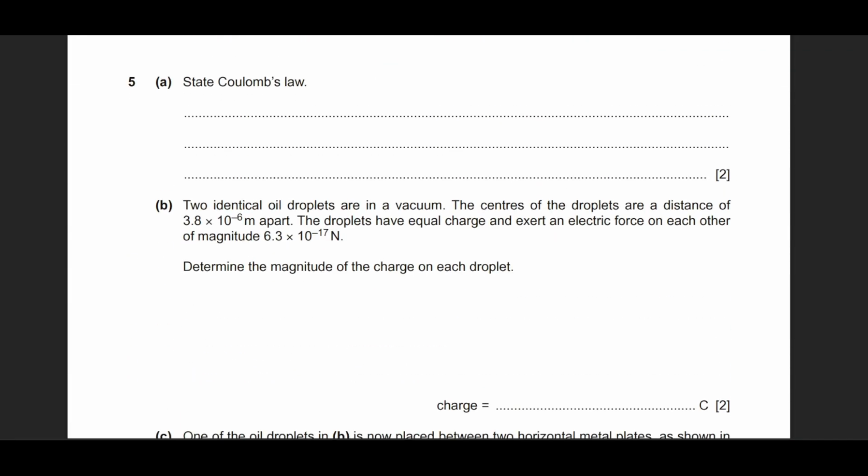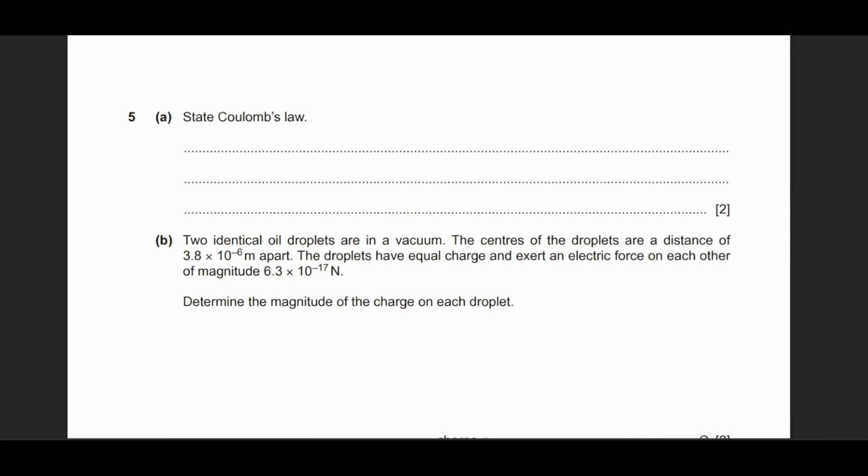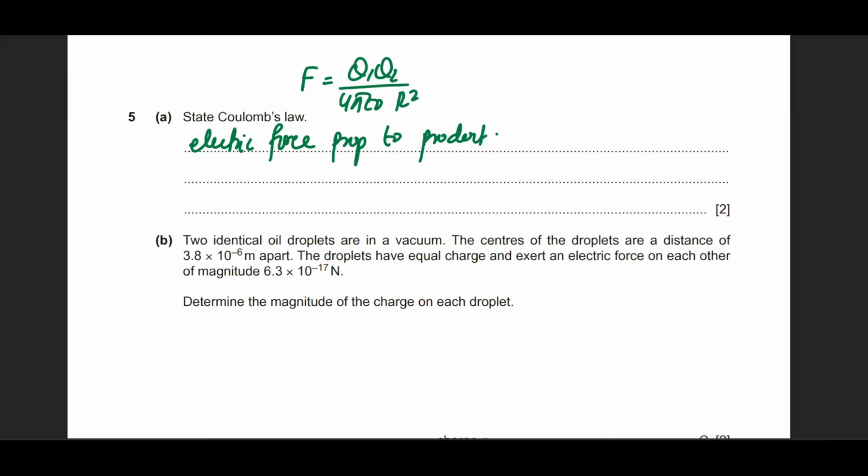State Coulomb's law. Now the formula for Coulomb's law is this one, exactly like the gravitational law. F equals Q1 Q2 divided by 4 pi epsilon naught R squared. So we simply write down that the force of attraction, or the electric force, we just define the formula. The electric force is proportional to the product of charges.